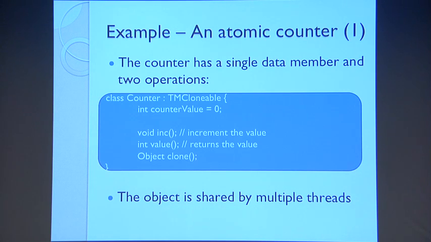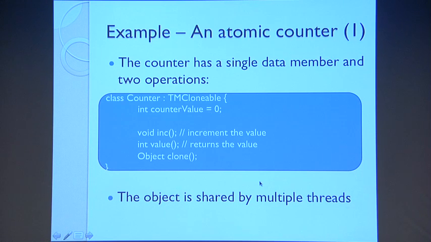It has a clone method. That's basically the first line. It has an inner value that's called counter value. That's the counter that it has. And it has these 3 methods. One is called inc, that just increments the value. There is the value method that returns the current value, and the clone method that we need to implement.